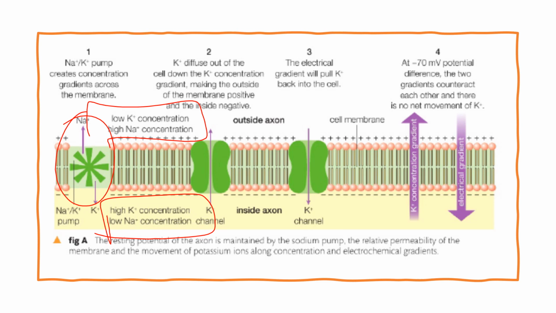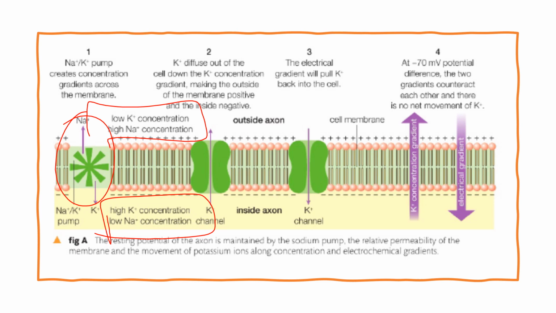However, because the axon is permeable to potassium ions, they can diffuse through the membrane. So the sodium ions are pumped out and cannot come back in. Potassium ions are moved in, but they can also diffuse out down the concentration gradient.